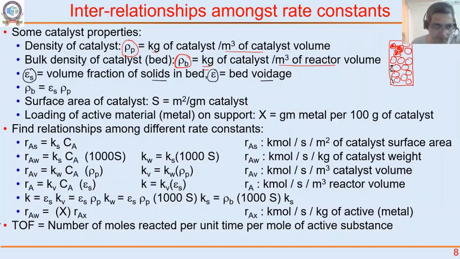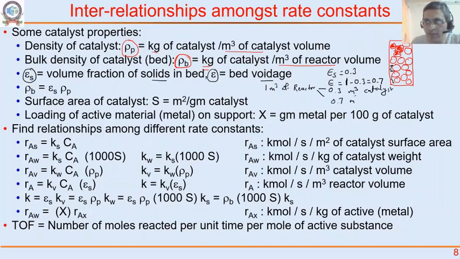So for example, if you take 1 meter cube, let's say epsilon s is 0.3. So the voidage epsilon would be 1 minus 0.3 equal to 0.7. What does this mean? If I take 1 meter cube of reactor volume, 0.3 meter cube would be catalyst and 0.7 meter cube would be void spaces. Okay, is that clear?